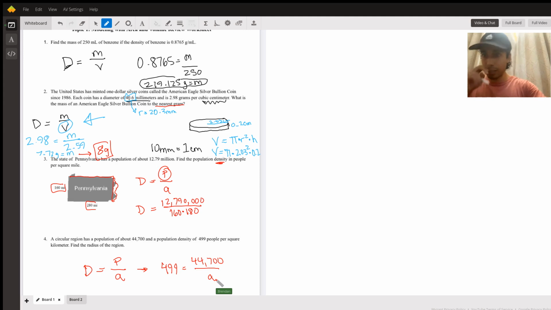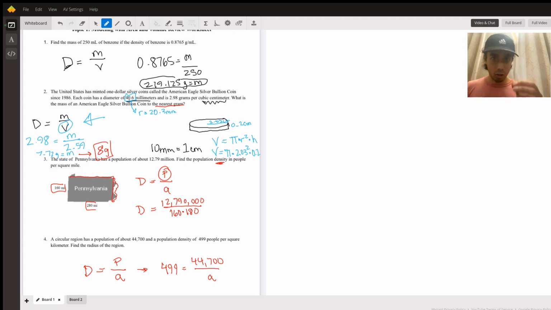over the area. Okay, so here's what we have to do. First of all, you're going to solve for A. Second, once you solve for A, whatever that number is, you're going to set it equal to the formula for the area of a circle, okay? Remember, the formula for the area of a circle is pi times the radius squared.